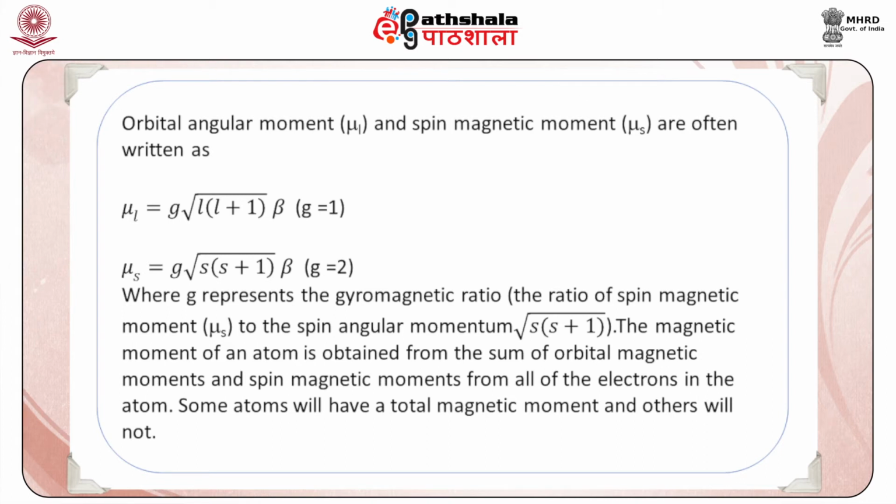The magnetic moment of an atom is obtained from the sum of orbital magnetic moments and spin magnetic moments from all of the electrons in the atom. Some atoms will have a total magnetic moment and others will not.